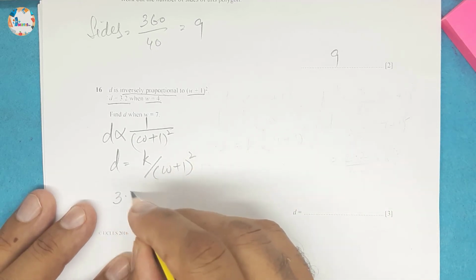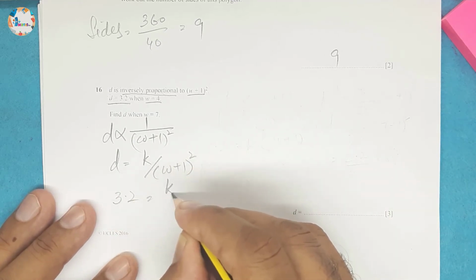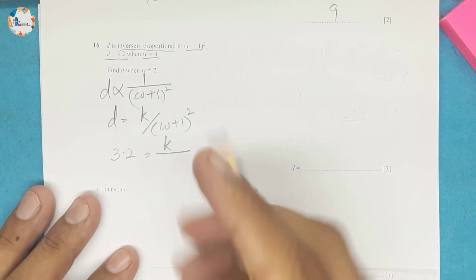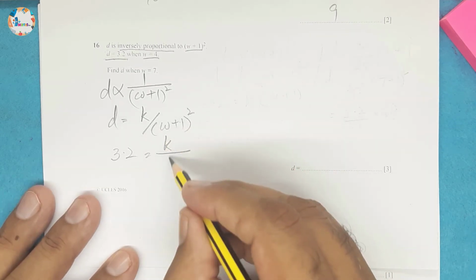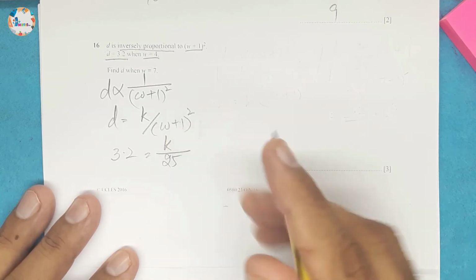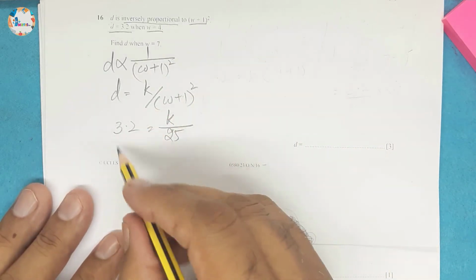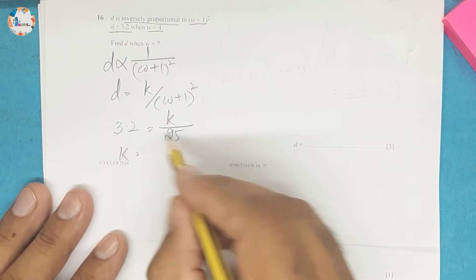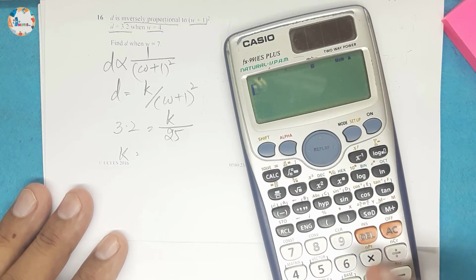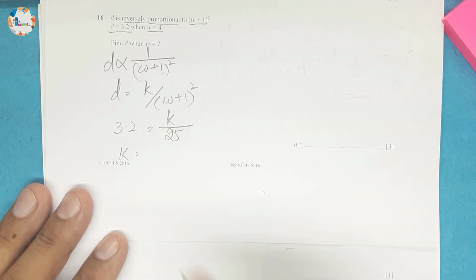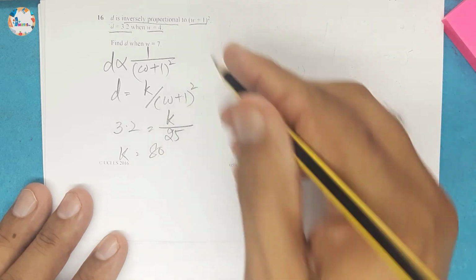So 3.2 is equal to K over, with W equal to 4, 5 squared, which is 25. So this implies K will be equal to 3.2 into 25. So 3.2 multiplied by 25 will be 80. So value of K is equal to 80.